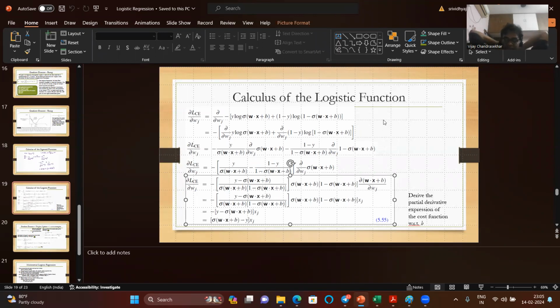We did that even a short while back, but let's do it again. What's the log loss cost function? It's y log y hat plus (1 minus y) into log(1 minus y hat). And there's a negative sign outside, correct? Don't forget that.